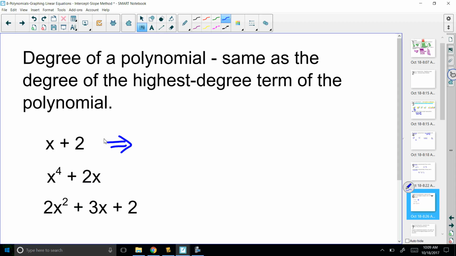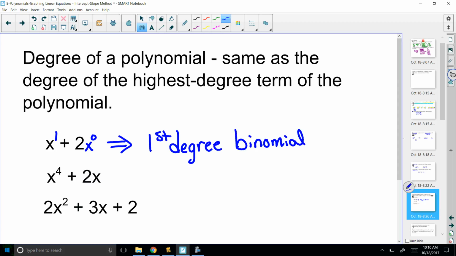Very good. It's a binomial. And what degree would it be? Well, I look at the highest power of the variable. I have x to the first, and this is x to the 0. So which one's higher? The first. So this is a first degree, and it is a binomial. So if I want to get specific, I could say it's a first degree binomial.